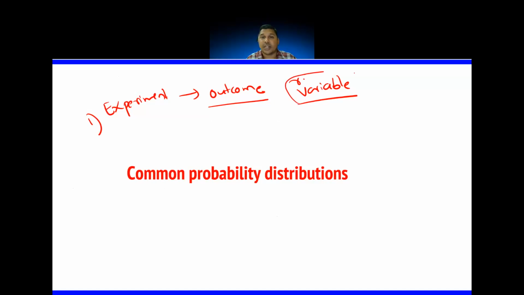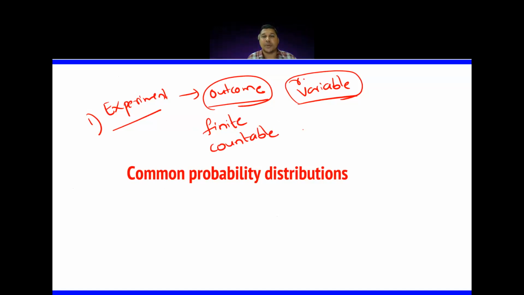Now, the value which is coming from an experiment, the outcome which is coming from this experiment, if it is limited or finite and countable, we say that this particular random variable is a discrete random variable. For example, marks in an MCQ exam, 10 MCQs are there in that exam.